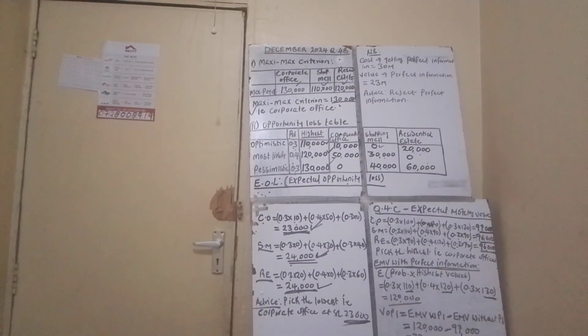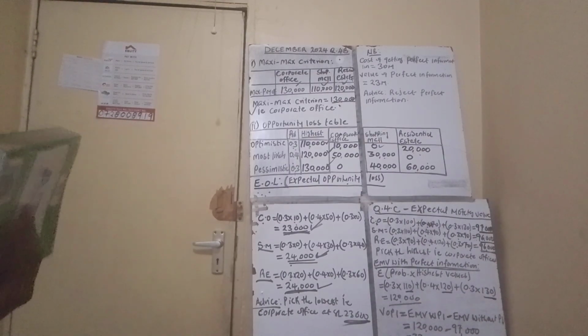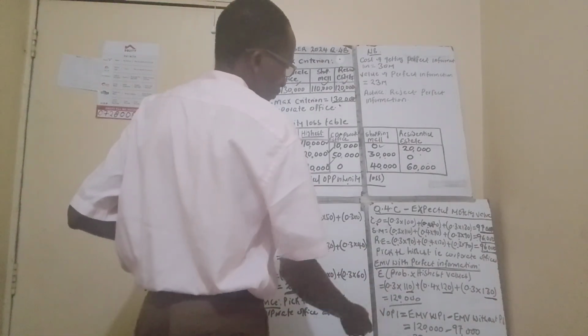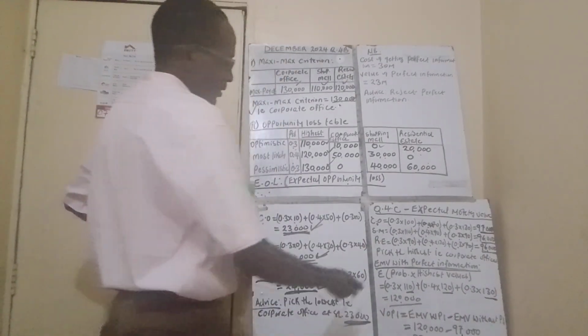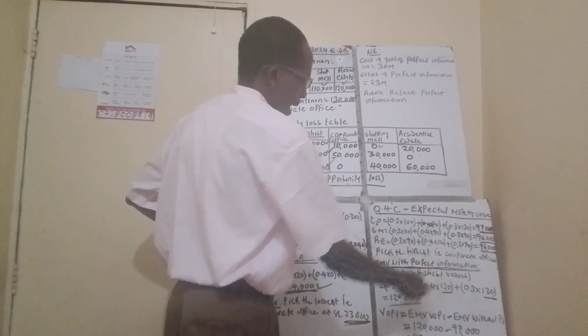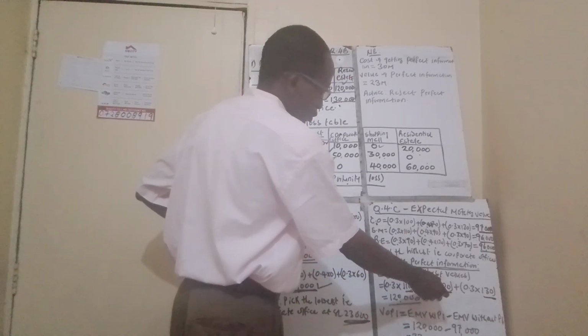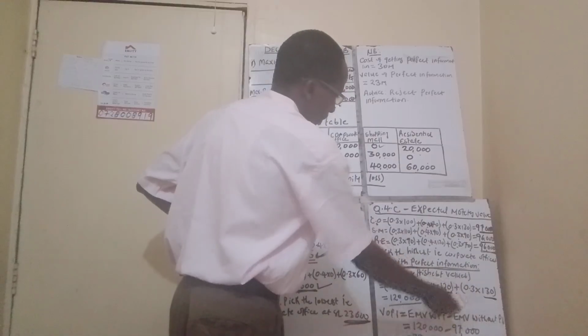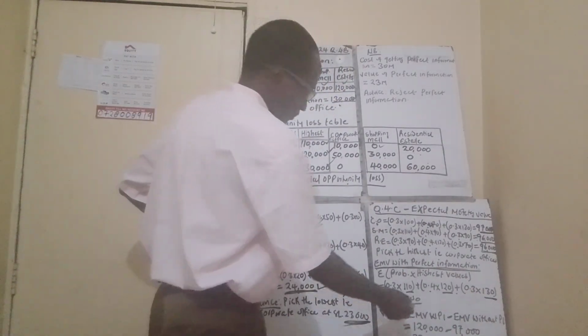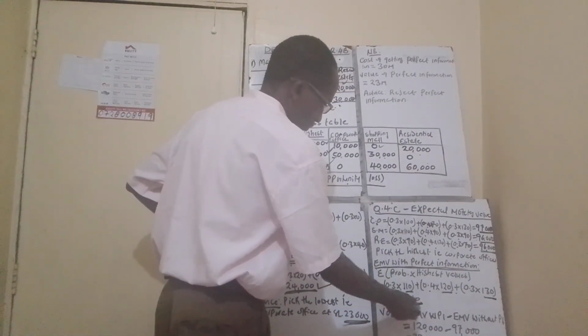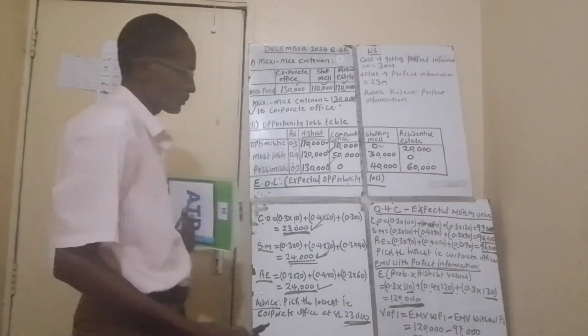It is on the board. You should be able to see it on the board. Expected monetary value with perfect information, summation of probability times highest values, 0.3 times 110 plus 0.4 times 120 plus 0.3 times 130. You sum up, you get 120,000.